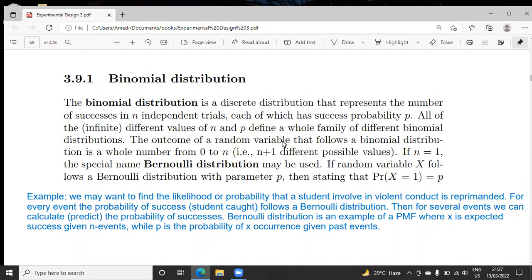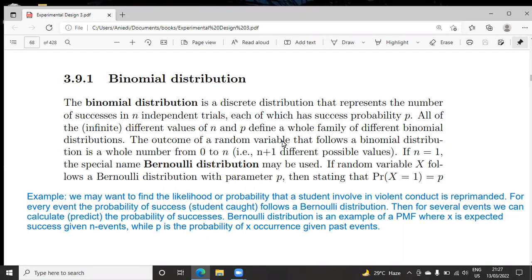Bernoulli distribution is an example of a probability mass function where X is expected success given n events, while p is the probability of X occurrence given past events. So in a situation where a student is being reprimanded, we can call that a success.